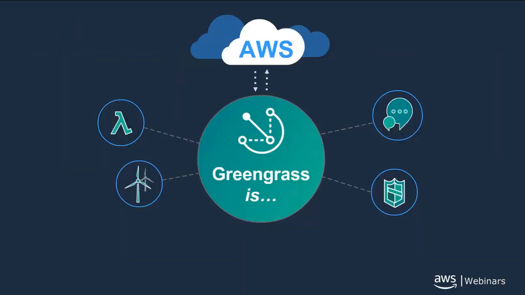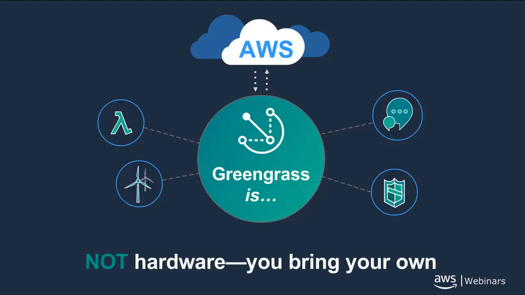So what is AWS Greengrass? Greengrass is an extension of AWS IoT. We have extended it to a software package that runs on your hardware, and we have brought down 4 key components from AWS. We have brought down Lambda so that you can have compute operations at the edge on your hardware.